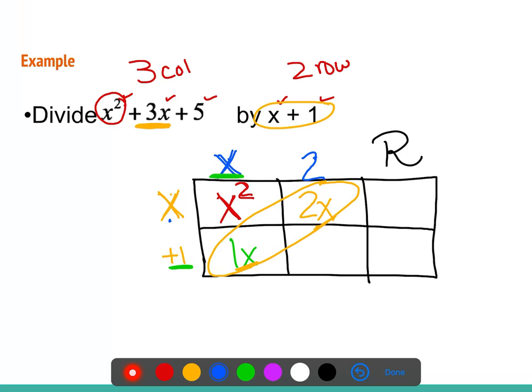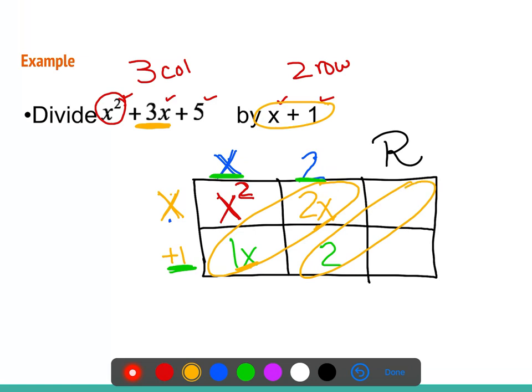And then I repeat the process. I'm going to figure out what times x is 2x. Well, that's 2. 2 times x is 2x. Then we multiplied.